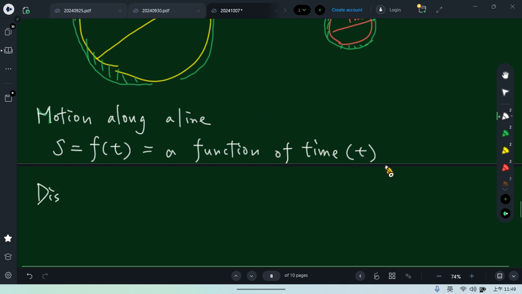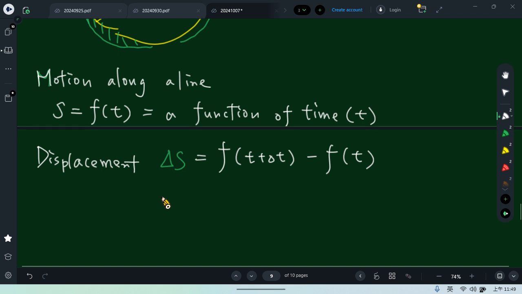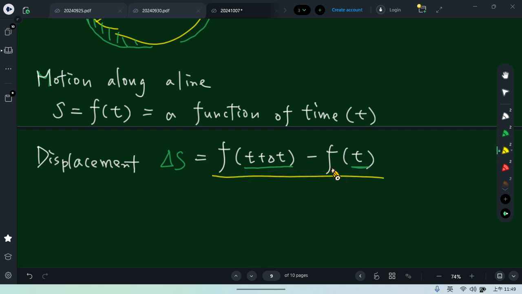Then we also define the displacement, delta s, as the difference between f of t plus delta t and f of t. That means we are trying to find the displacement when your object goes from time t to time t plus delta t. Once we calculate its difference, we can get its displacement.